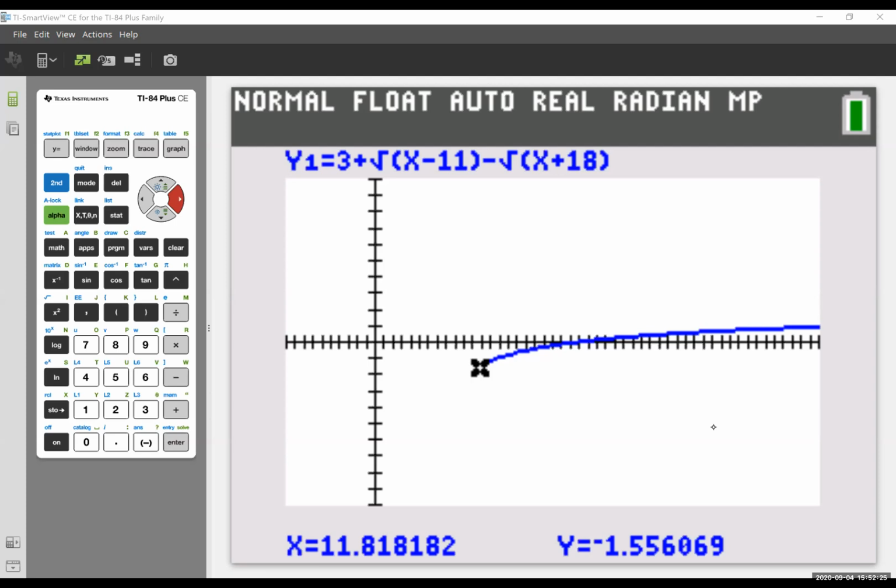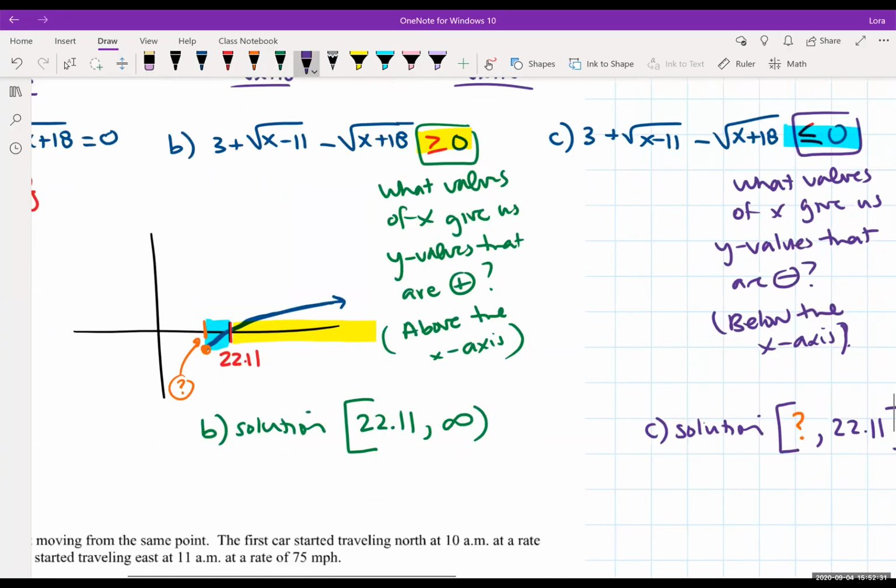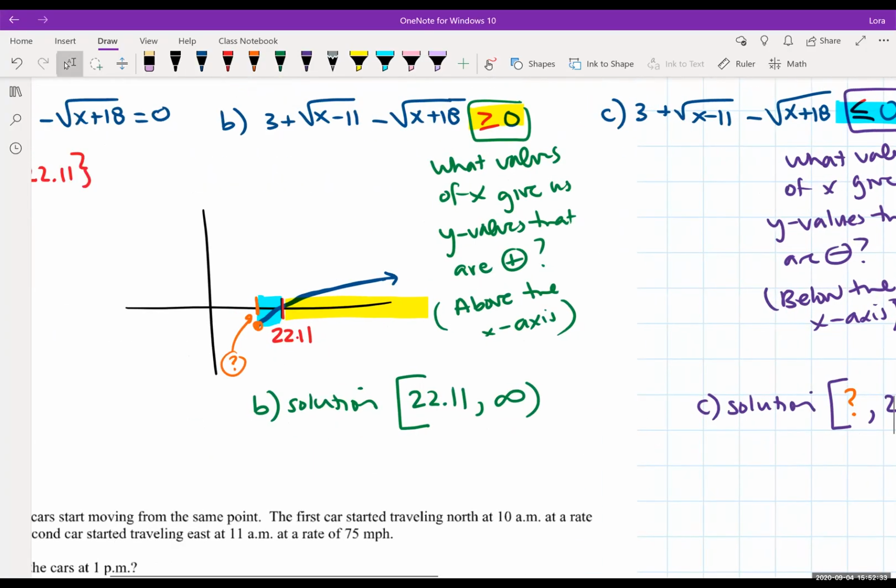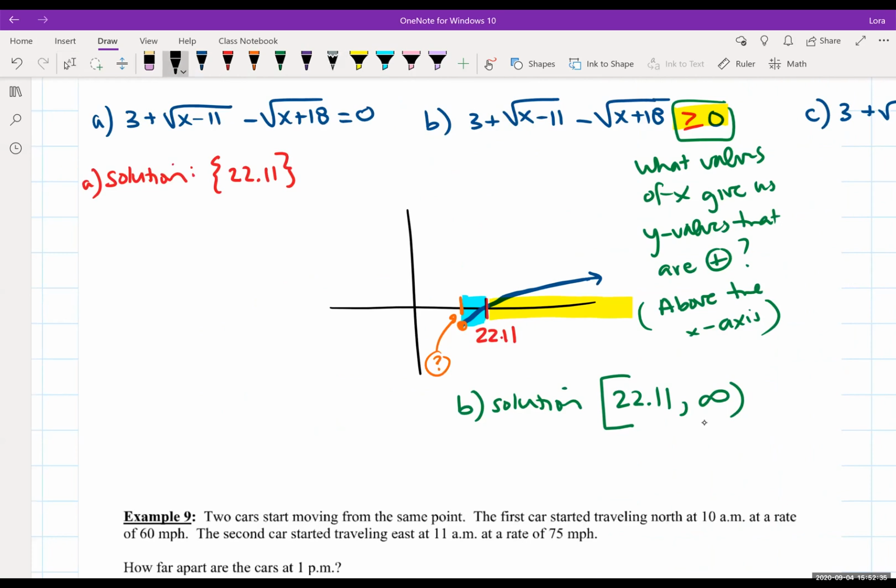So I'm going to go back and address this with you. If I'm going to look for the domain, I have a little space over here. I need to understand that I have two radicals in my situation. So I have a radical x minus 11 and a radical x plus 18.